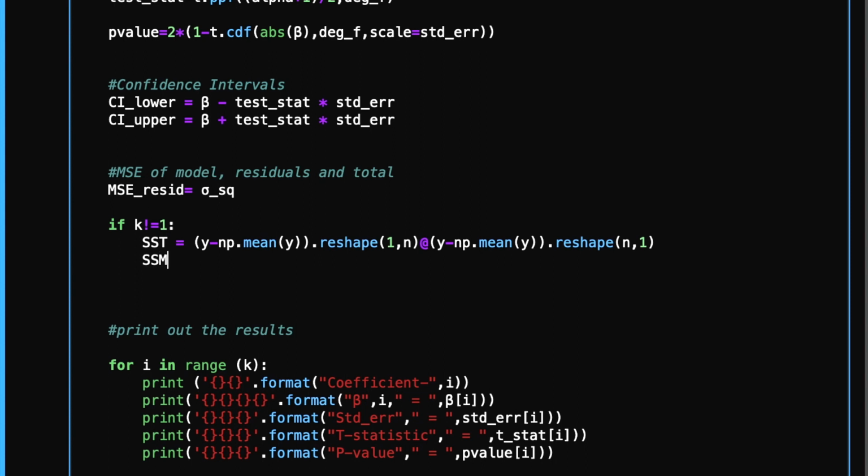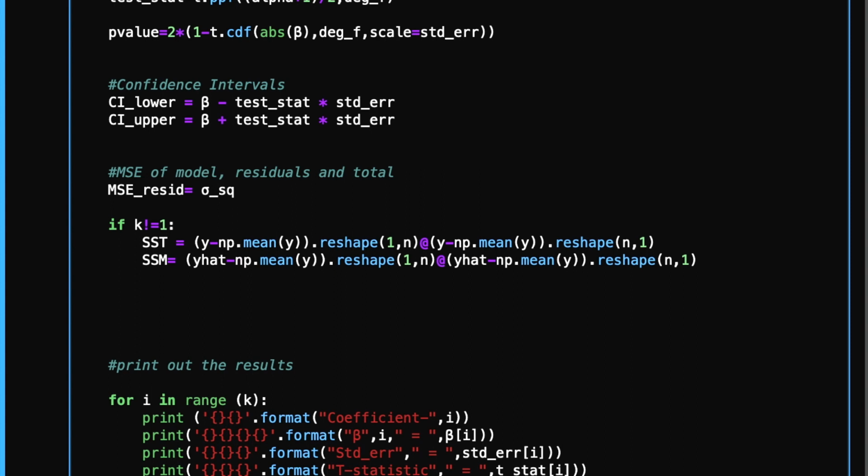And then the sum of squares of the model is the summation of y hat minus y bar, whole square. So this is just going to be y hat minus y bar, and then I'm going to reshape this again as a 1 by n matrix and do a dot product with n by 1.